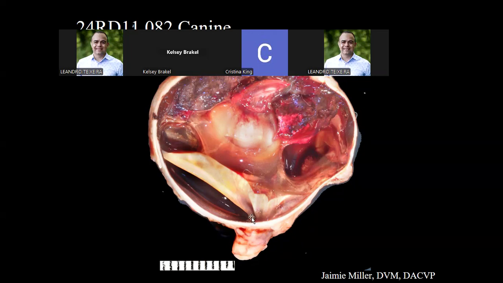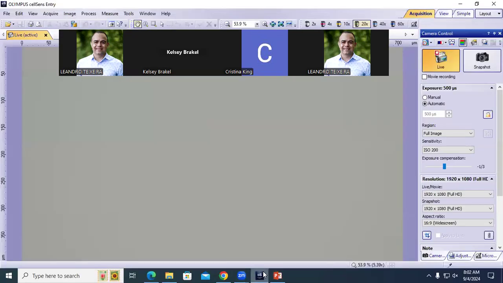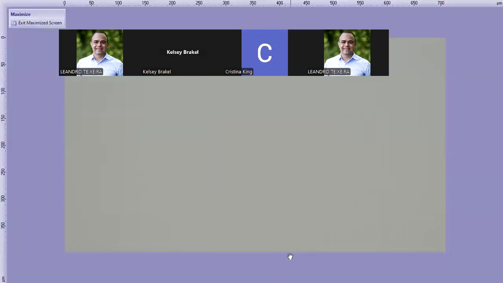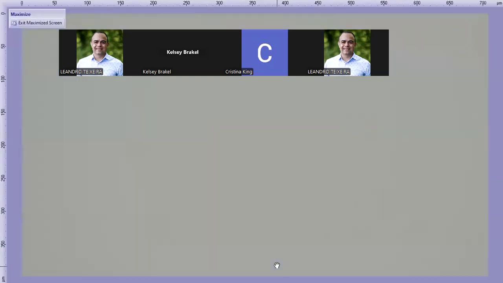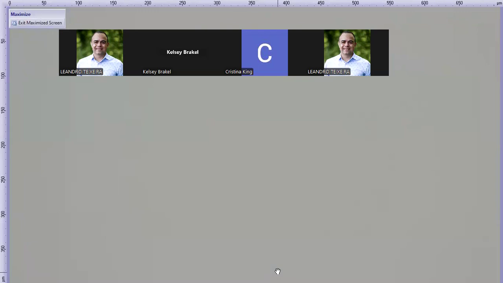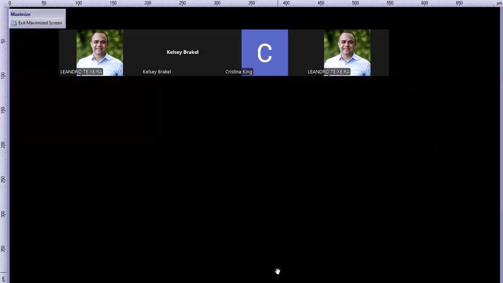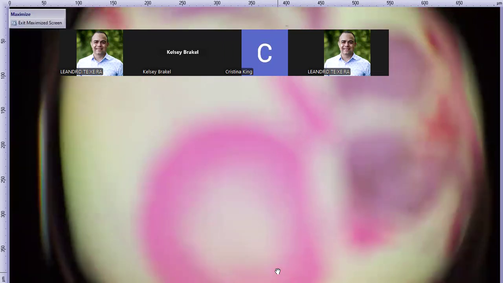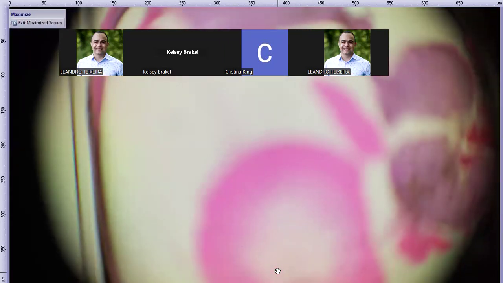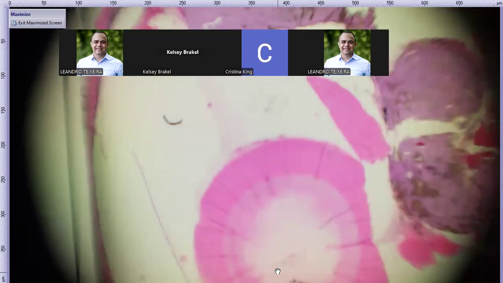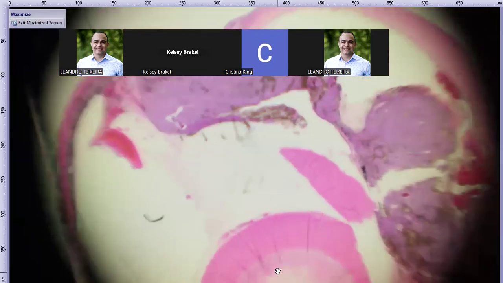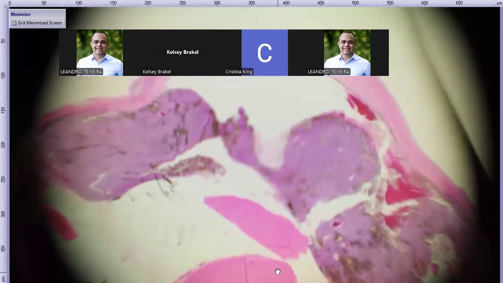So let's look at what we got histologically here. Start with the subgross as best as I can here. Again, it's a big eye.